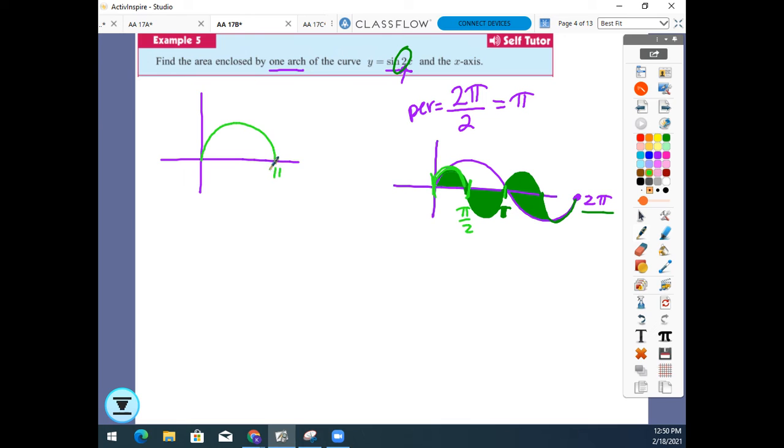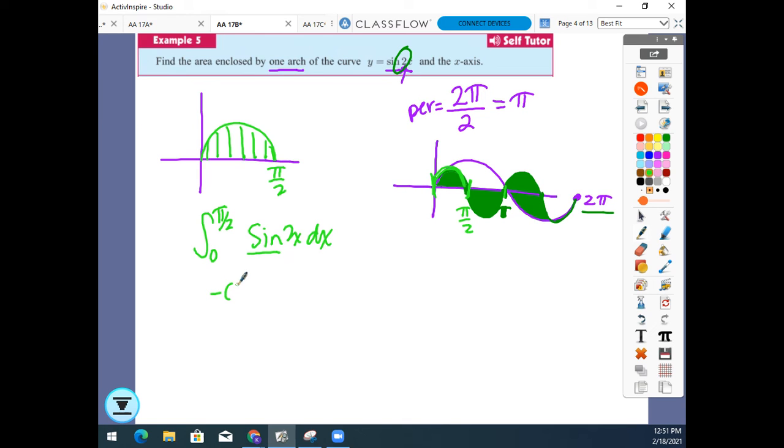So what this looks like is, this is not a circle, this is the sine curve, so be careful. I'm looking for the area between the sine curve, sine of 2x, and the x-axis. So this right here. So we just integrate from 0 to pi over 2 of sine of 2x.